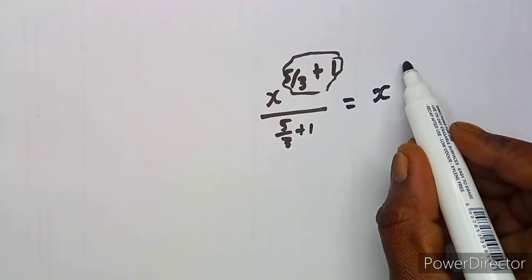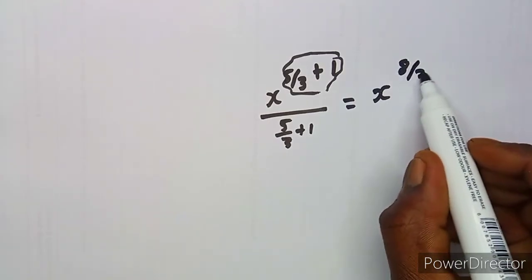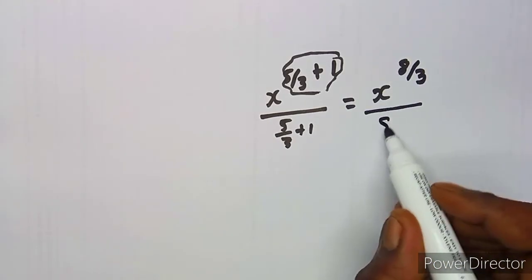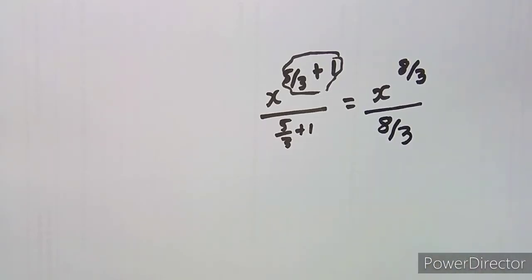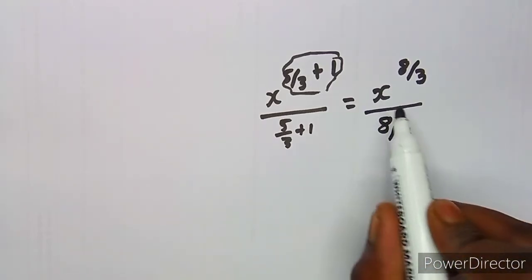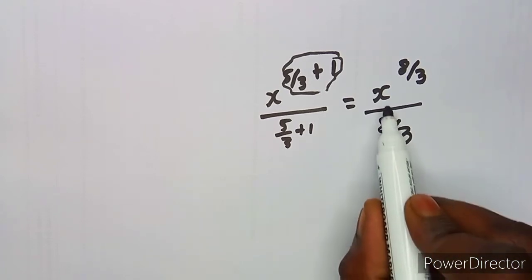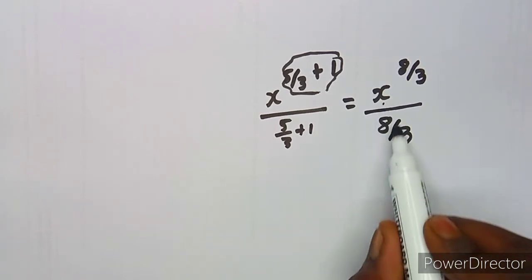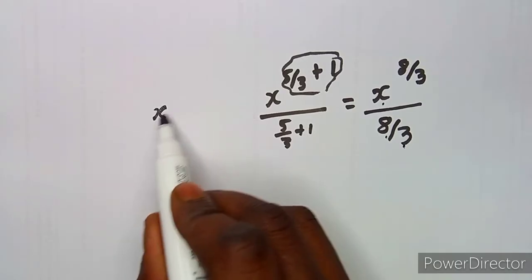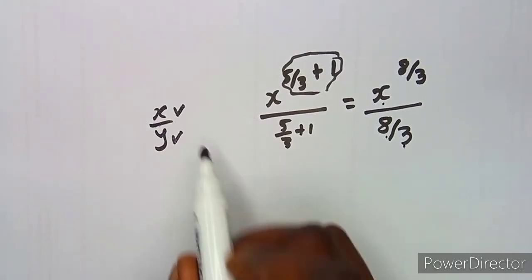So it will be x to the exponent of 8 over 3 over 8 over 3. But take note, guys, we can't write a fraction like this with three parts, 1, 2, 3. A fraction is just supposed to have the numerator and the denominator.